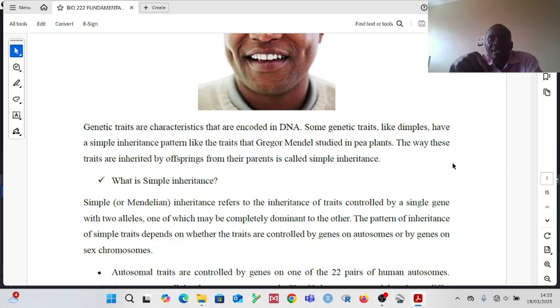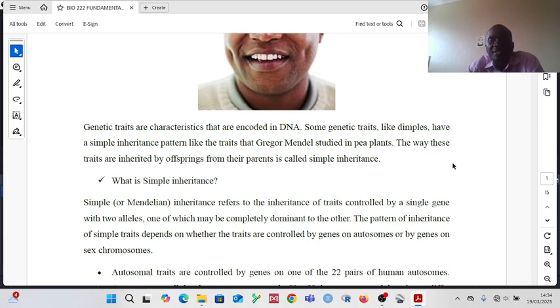Hiyo kama huwa tunaandika R kubwa na R ndogo. So R kubwa will mask R ndogo. So the way inheritance happens for a trait controlled by a single gene with two alleles is what we refer to as a simple inheritance pattern.